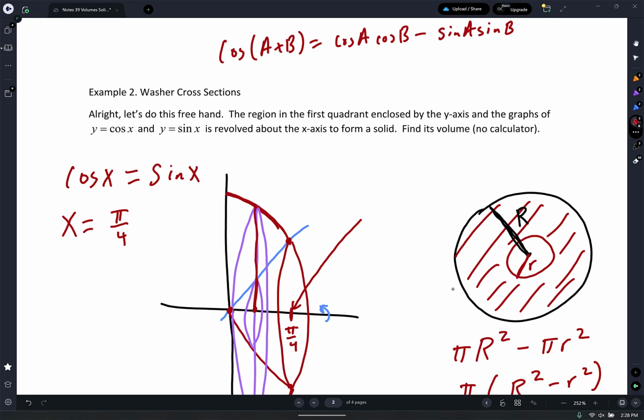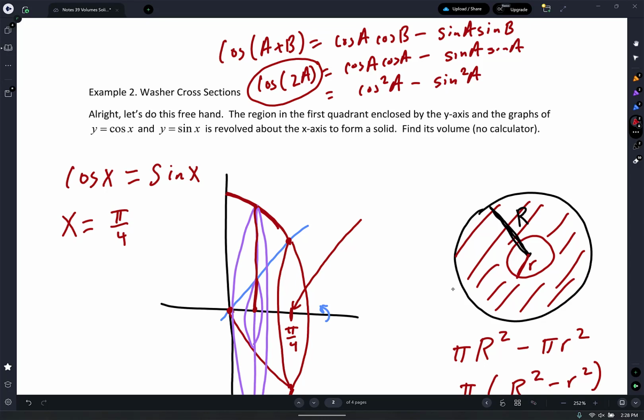That's why we took pre-cal. If you turn one of those into A plus A, so cosine 2A, then this would be cosine A cosine A minus sine A sine A, which is what we want, because that's cosine squared A minus sine squared A.